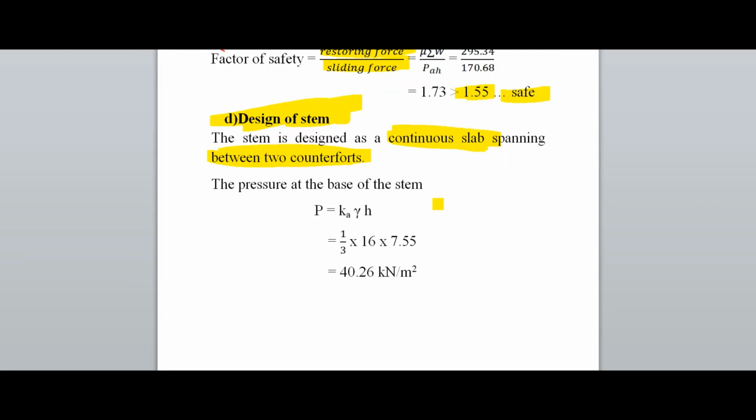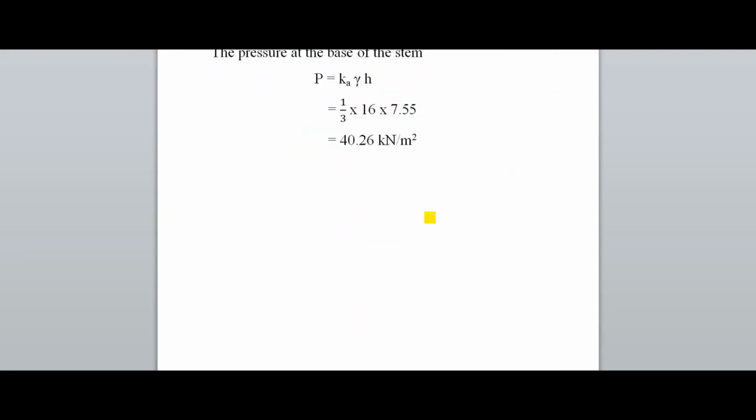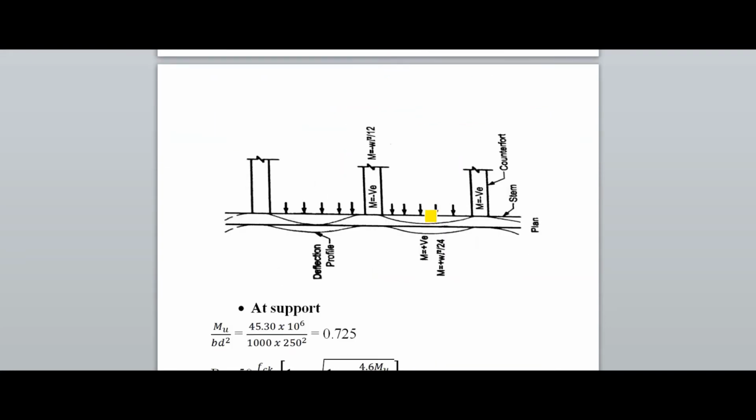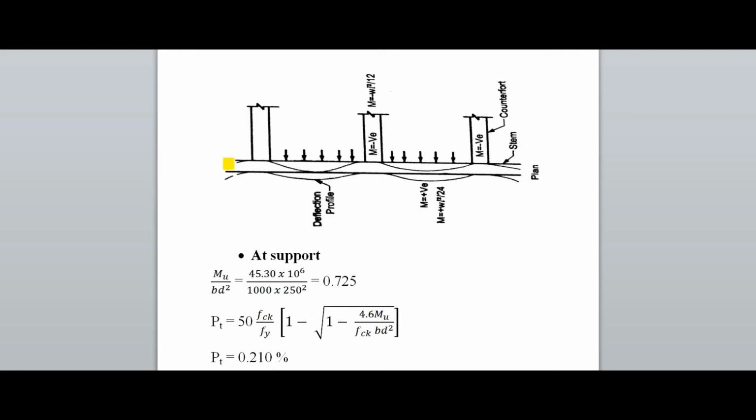Okay. Why? If I have a figure here, look here. You can see the figure. Here is the stem, and this is the counterfort. So imagine the stem behaves as a slab and the counterfort behaves as a column, right?